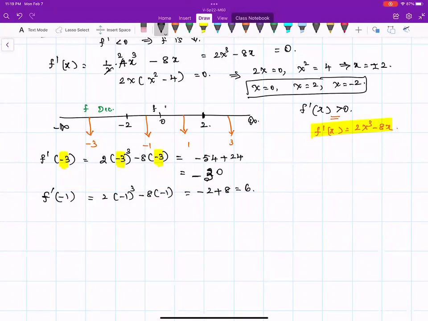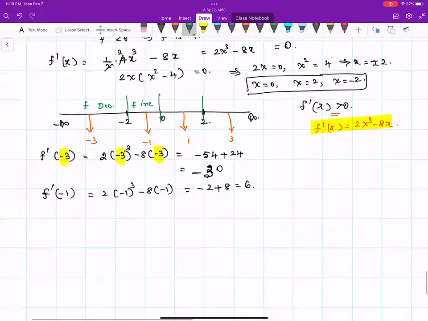So f is increasing in the interval negative 2 to 0.